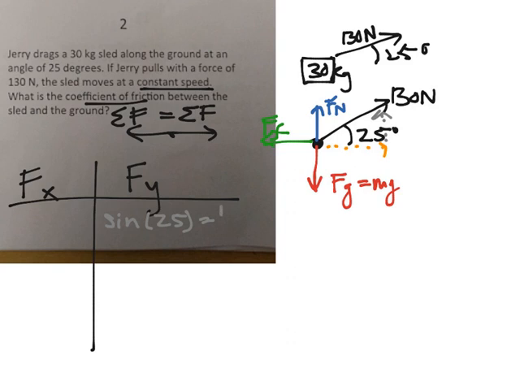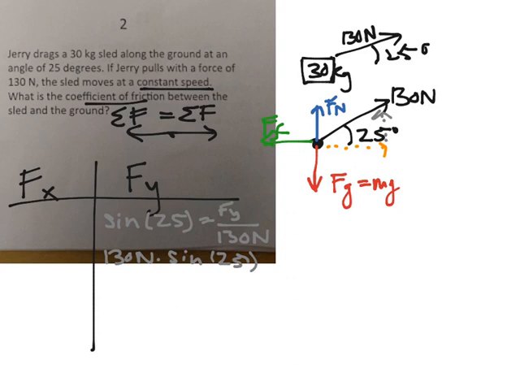So this would be the sum of our Fy over our hypotenuse, which we know to be 130 newtons. Move this around, so you would get 130 newtons times sine of 25 will just equal your Fy.